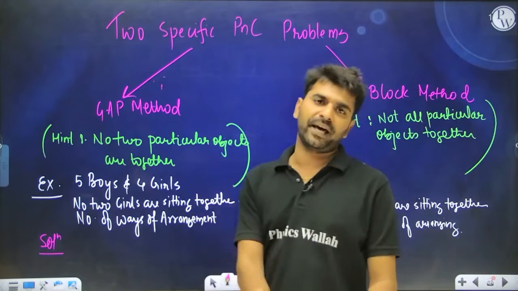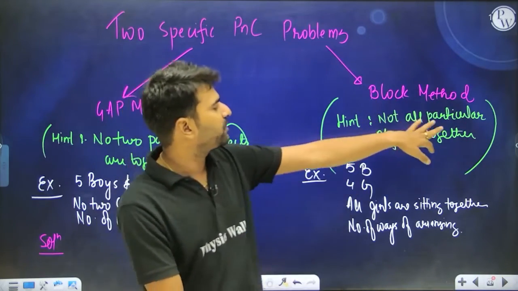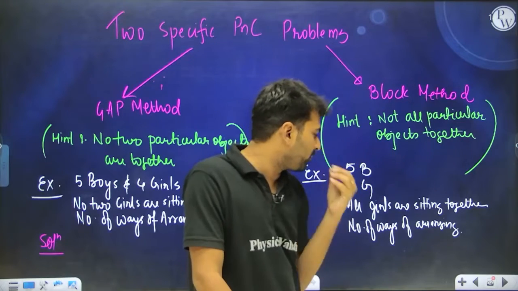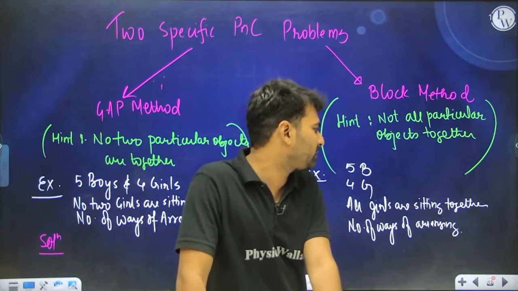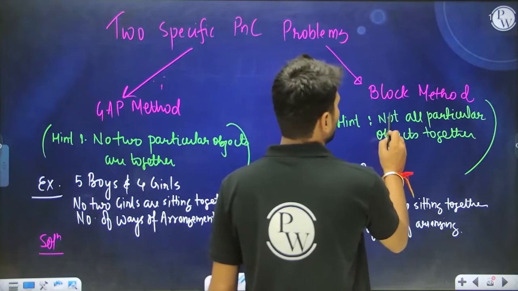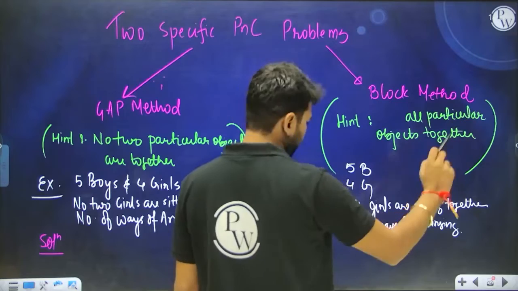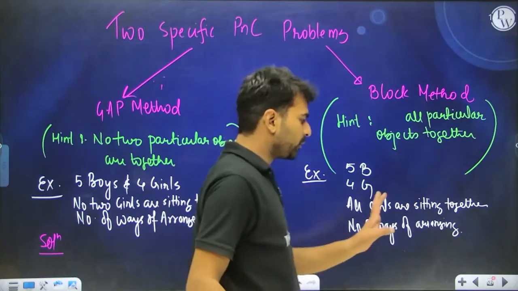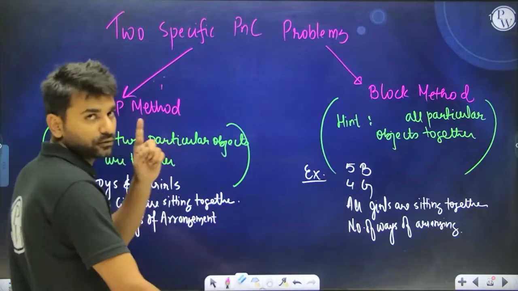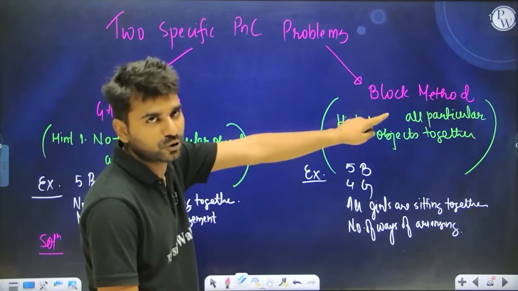So here we need to apply gap method, and here not all particular objects are together, it is given to you. Then you apply block method. Over here it is given to me that all girls are sitting together. Here all particular objects are given together. So all girls are sitting together, number of ways of arranging will be what? Here it should be all particular objects together, not. This not is not there.